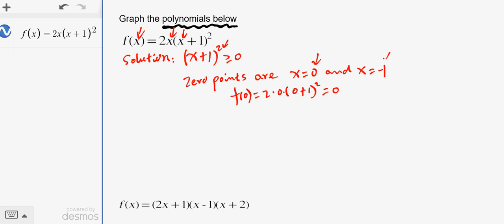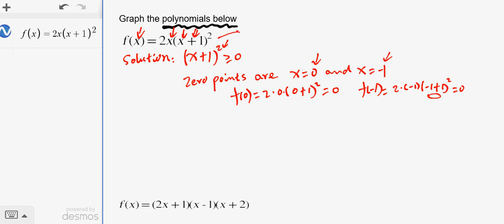You plug in -1 everywhere here. So you have f of -1 is 2 times -1, and then (-1 plus 1) squared. This one will be 0. Okay, -1 plus 1 is 0. Squared is still 0, so you have a 0. So again, the 1 here is positive.